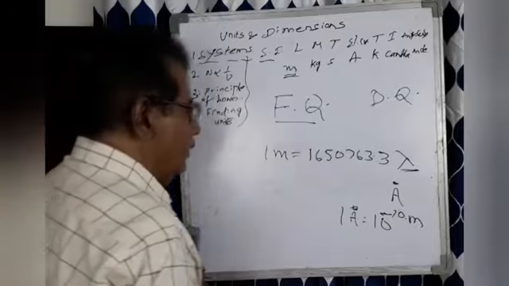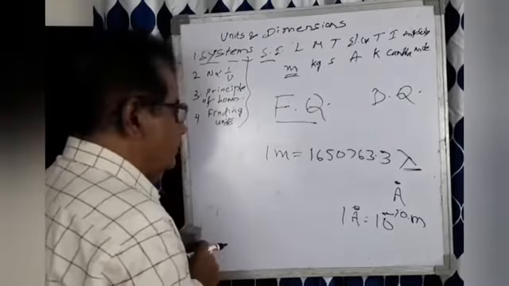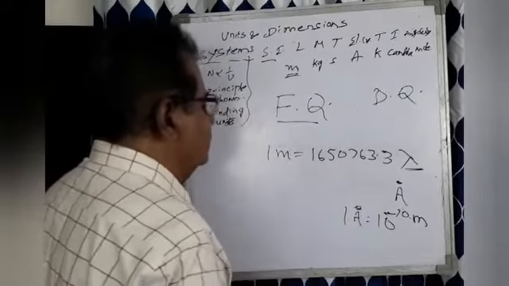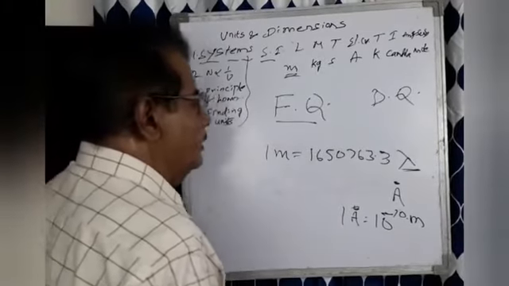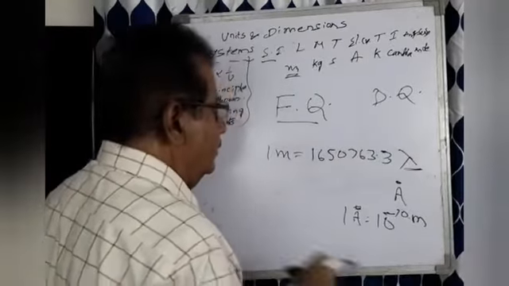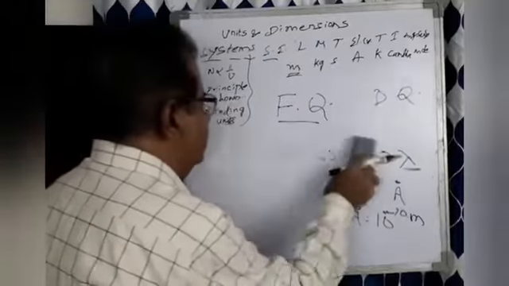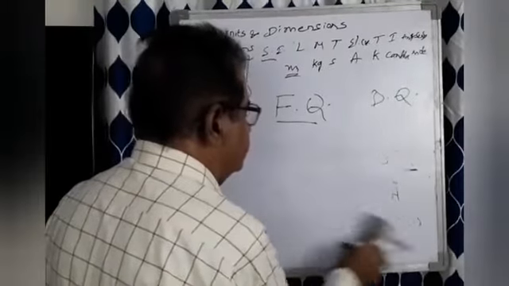The wavelength of light is expressed in angstroms. So 1 meter is defined as 1650763.3 times the wavelength of orange light in vacuum. Like that, the definitions in the SI system are very accurate.